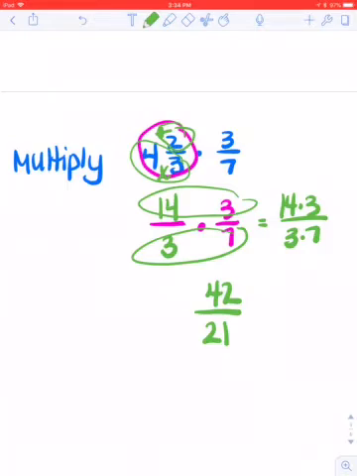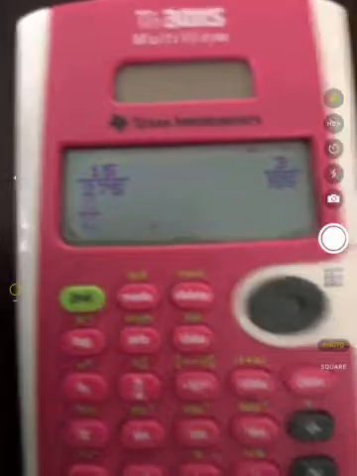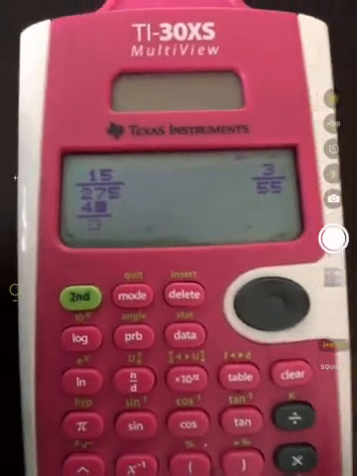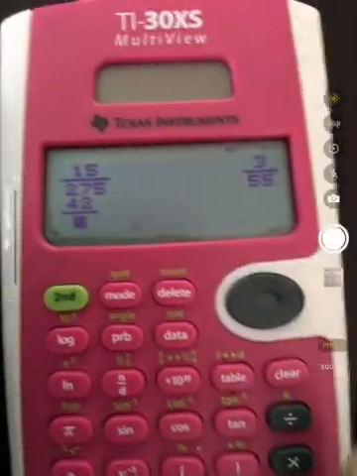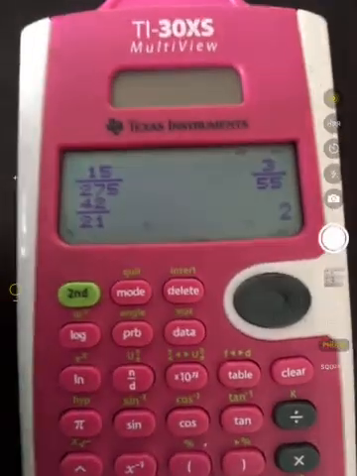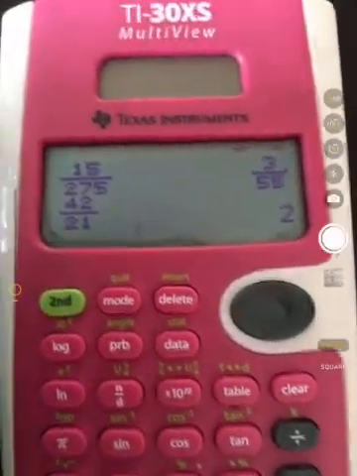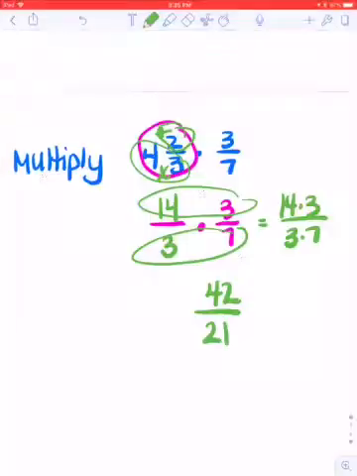Again, we're going to put this in our calculator and see if we can reduce. Okay, if I get my calculator out, 42 over 21 ends up just being 2, so it's going to be a whole number answer. That means this one is going to reduce down to 2, and that's your final answer.